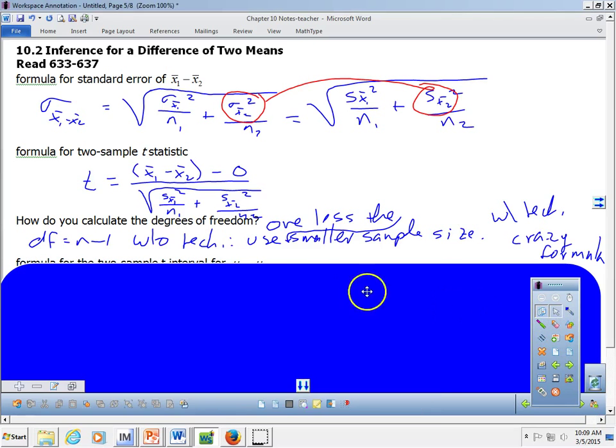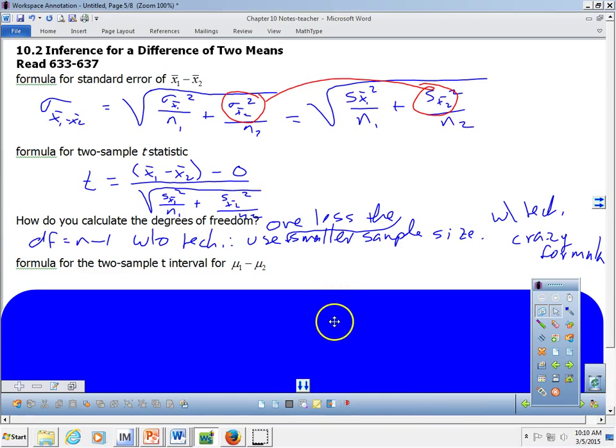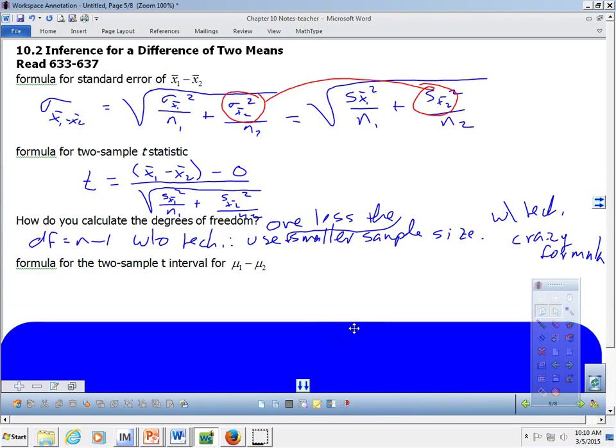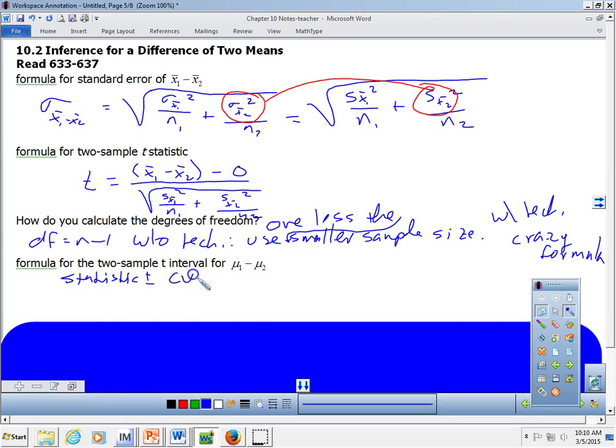Oops, wrong button. All right, so the formula for a two-sample t interval. And again, the general formula for confidence intervals in your formula packet always says we need a statistic plus or minus some critical value times the standard error. I think it says standard deviation of the statistic in the formula packet, but we know standard error. So what is our statistic? Well, we're going to combine two of them.